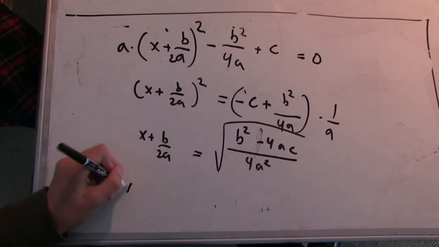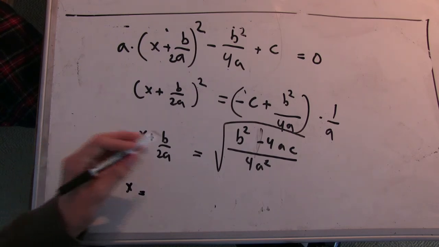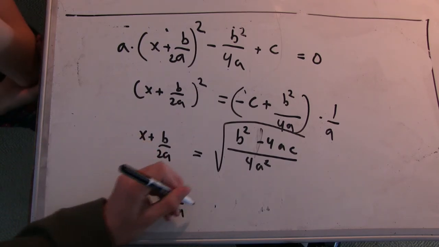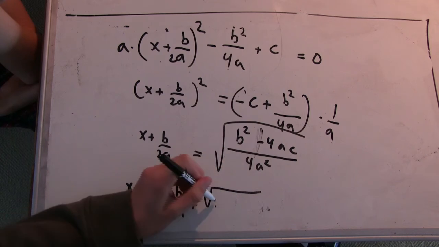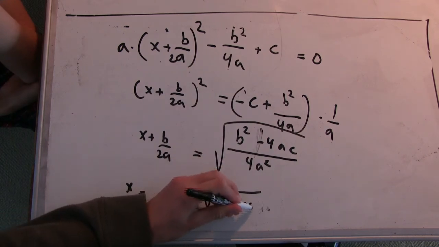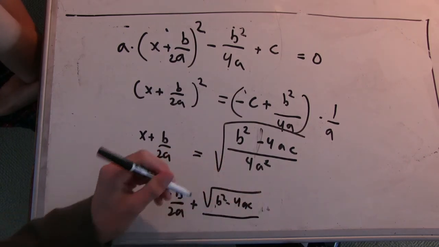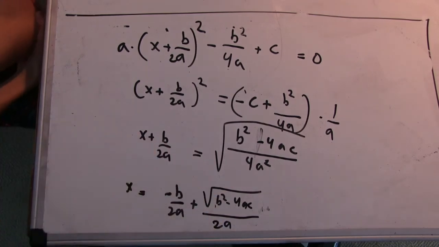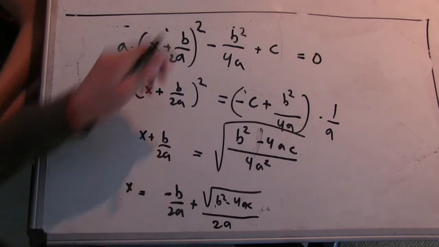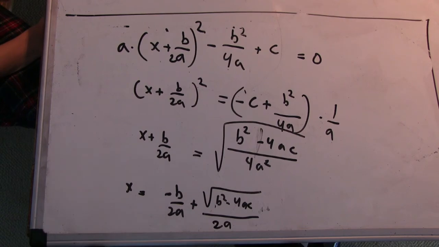So then x equals minus b over 2a plus the square root of b squared minus 4ac. This doesn't simplify on the top, but the bottom does, over 2a. And then you combine the denominators.